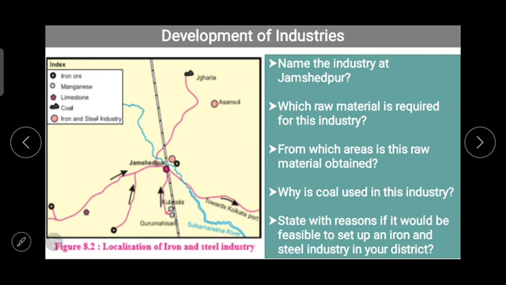The factors which are important in localization of iron and steel industry are different than the factors required for the sugar industry, and that's why there is unequal distribution of the factories also. So, some regions are suitable for the development of industries, while in other regions only particular industries develop.